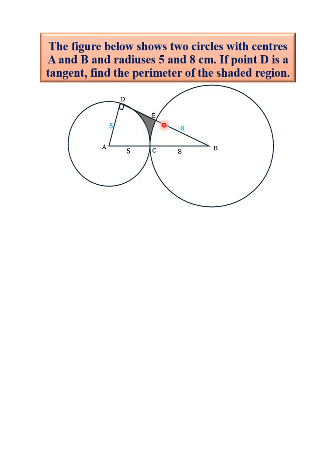So once we find each of these sides, we can add them together to get the answer. In other words, the perimeter of the shaded region is equal to DE plus arc DC, this arc here, plus arc EC, this arc here.